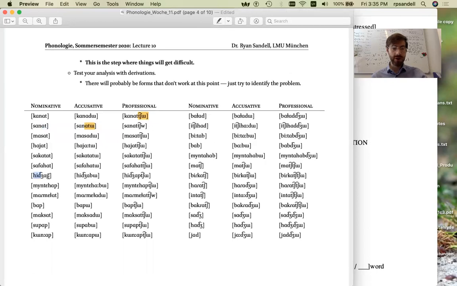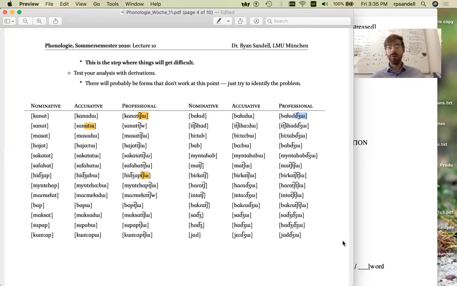And if we look at another alternating form like hijab with a voiceless, again, the voiceless allomorph of the professional suffix occurs there. We only find the voiced allomorph of the professional suffix on stems that have a non-alternating voiced stop, stems like balad or bab throughout the paradigm.